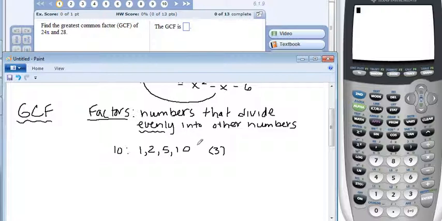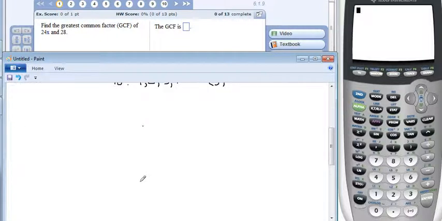All right, so what I'm trying to do is look for the greatest common factor, the biggest number that's a factor for both of these at the same time. Okay, well, let's start by looking at the numbers here. We have a 24x and we have a 28, and we want to have the GCF between those two.